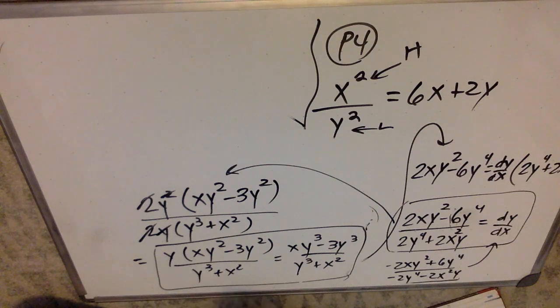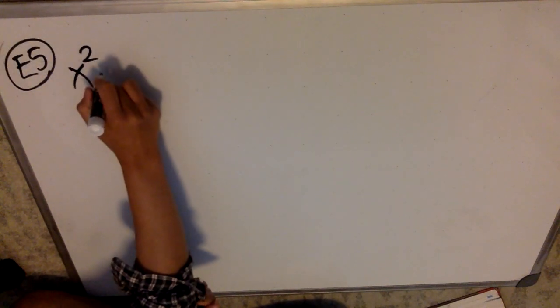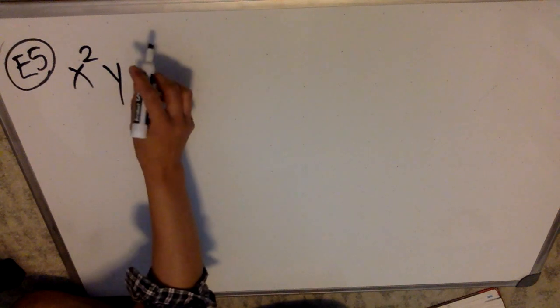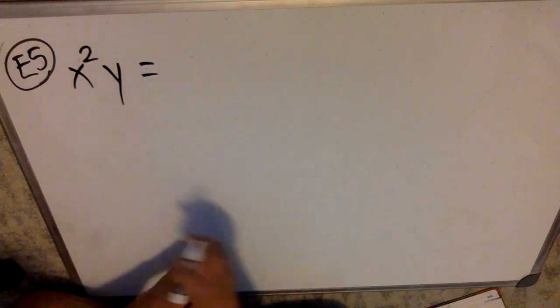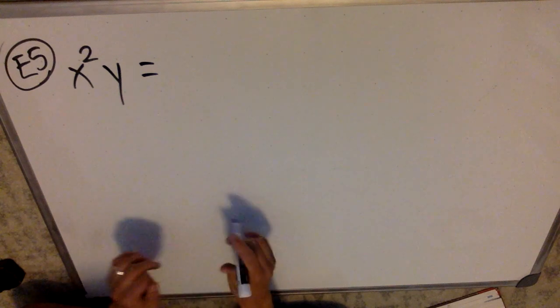All right, cool. Before we go into doing second derivatives implicitly, let's do the classic tangent line problem. All right, so in example 5, I'm going to give you x squared y equals, let's say, 12.